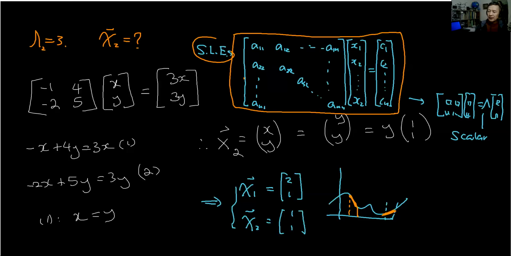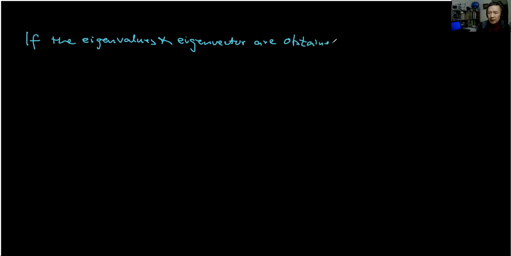Another thing we'll discuss when we discuss vectors: what does it mean if we get an eigenvector? If the eigenvalue and eigenvector are obtained, what can we write here?